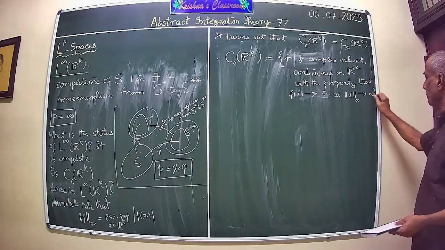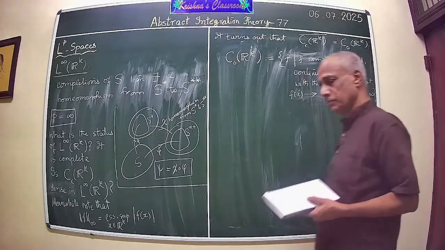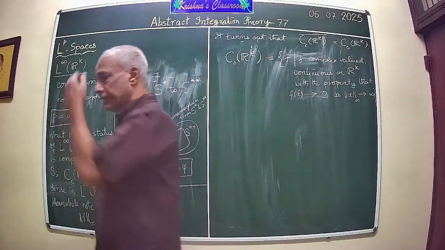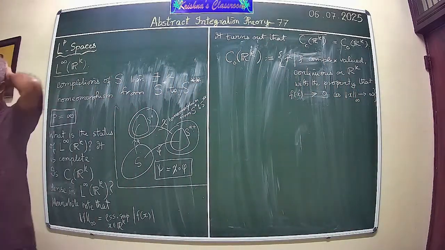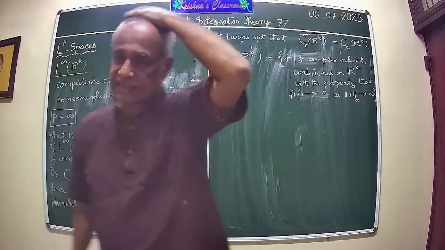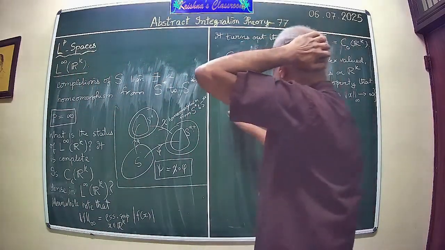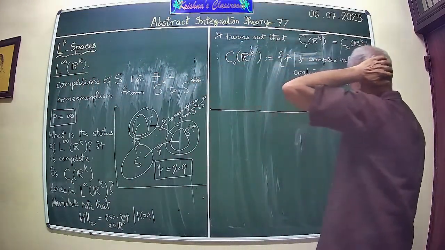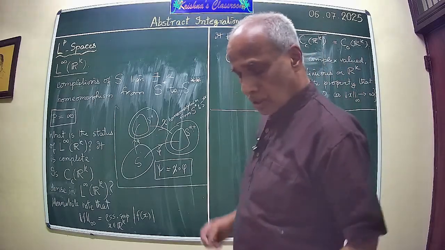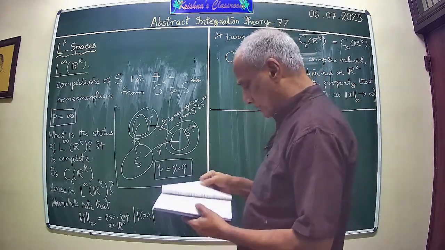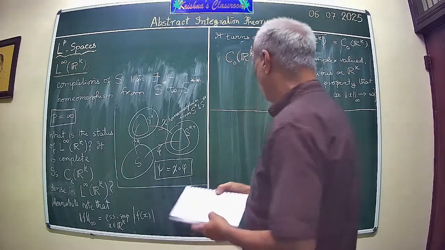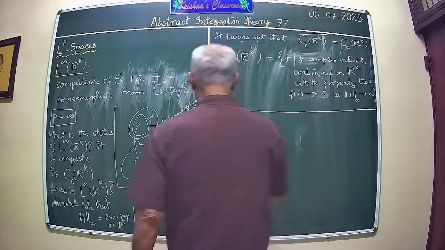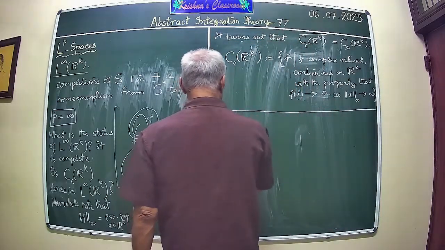Okay, we will make a more general statement, that instead of RK we can take X, and if you interpret it, this will turn out to be X. So we shall look at what one can do.